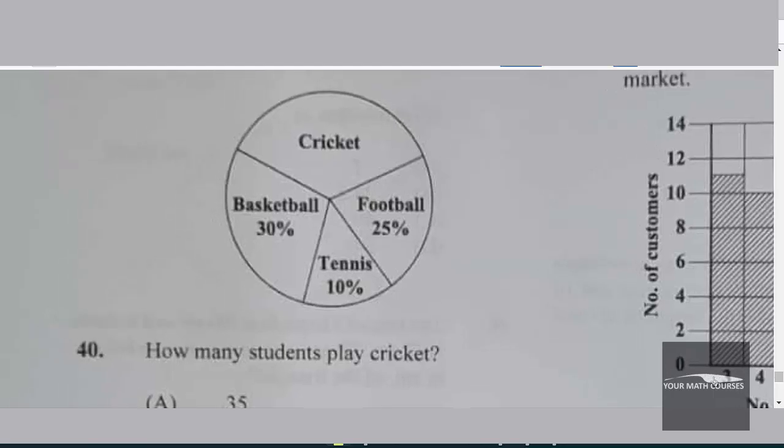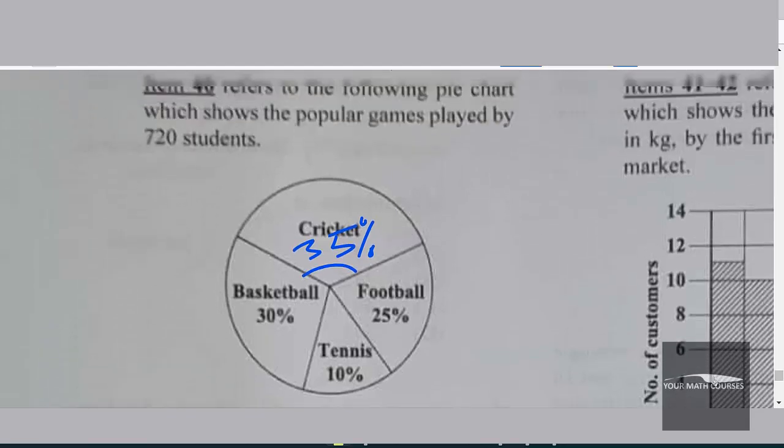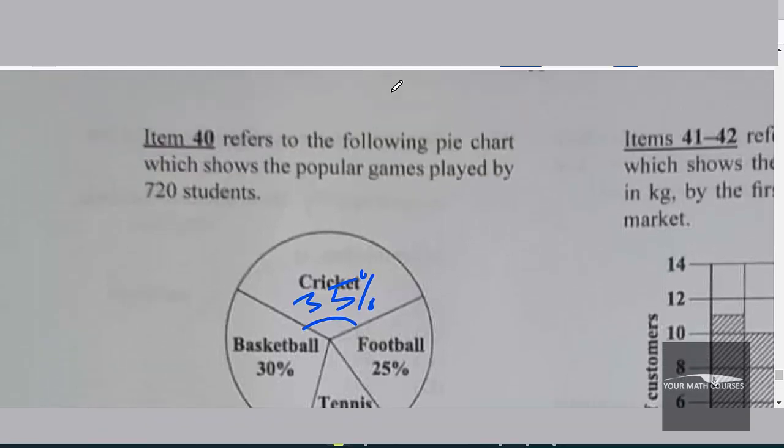So to get the difference, we take 65 from 100, and that will give you 35% here. So to calculate the number of students that play cricket, we have to use the percentage of cricket and multiply it by 720. So 35 over 100 times 720.